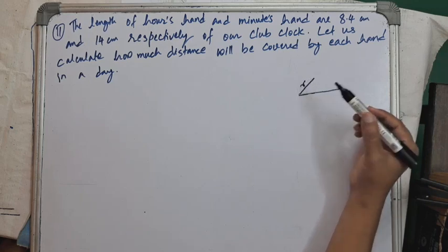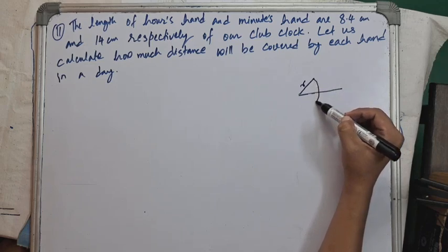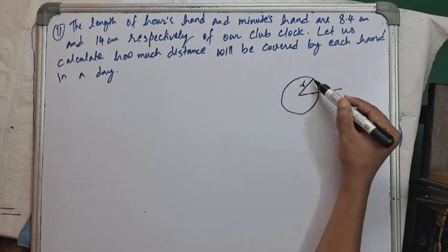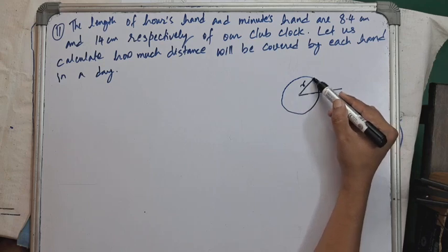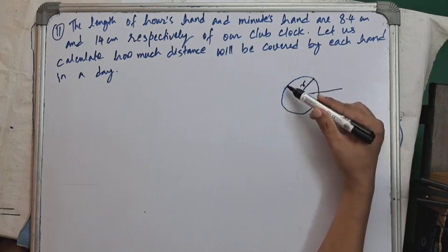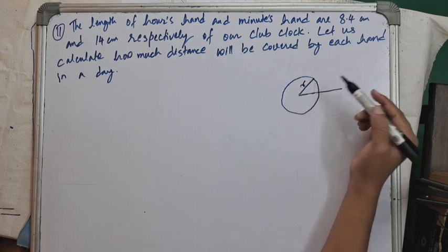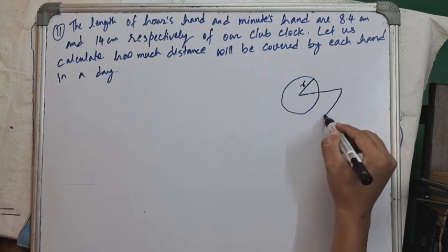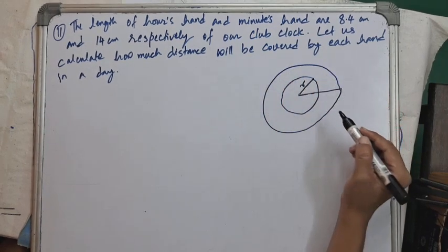This is the radius, and this hour hand will cover the circumference of this circle in 1 revolution, isn't it? This hour hand will cover the distance equal to the circumference of this circle in 1 revolution, while this minute hand will cover the circumference of this outer circle in 1 revolution.